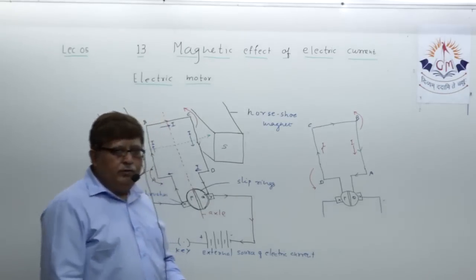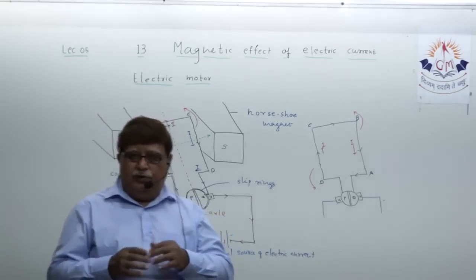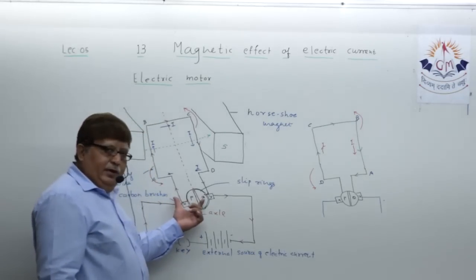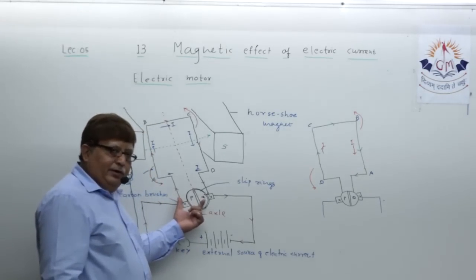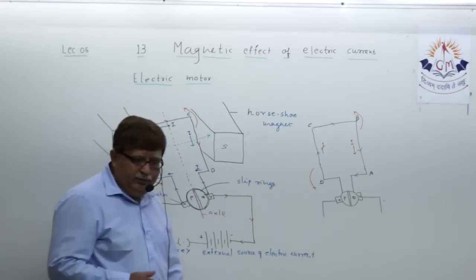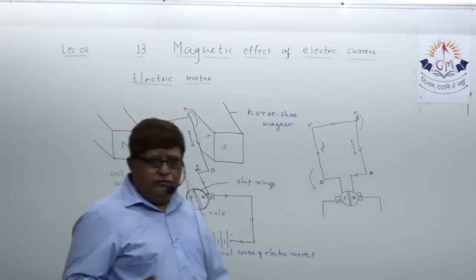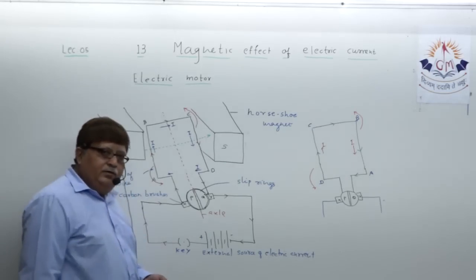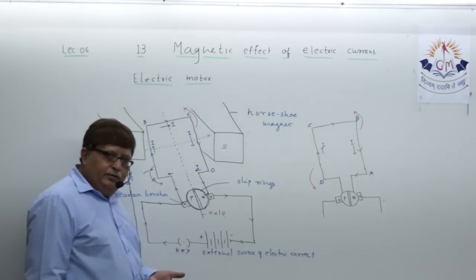Two ends of the coil are connected with the split rings P and Q. The split rings remain in contact with the carbon brushes X and Y, which are connected with the external source of electric supply and key. The complete arrangement has been explained.